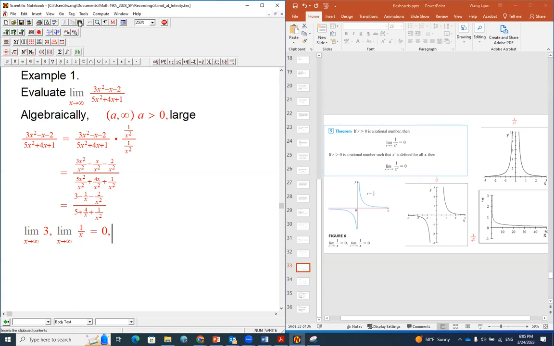The next limit is the limit of 1 over x squared, which is also 0. We have studied this theorem, so we're applying it. And of course, the limit as x approaches infinity of 5 is also 5. So now each individual limit exists, and then we can apply the law of limits.